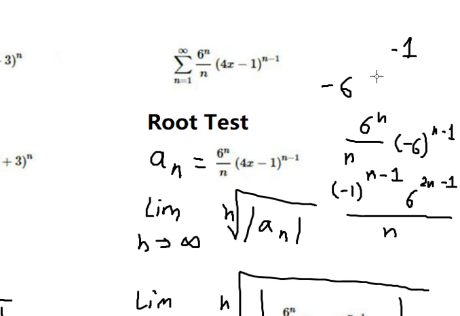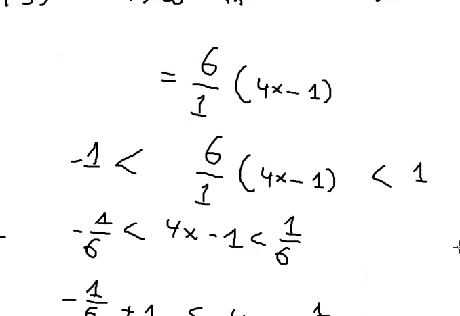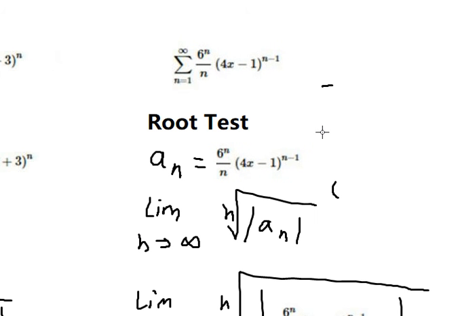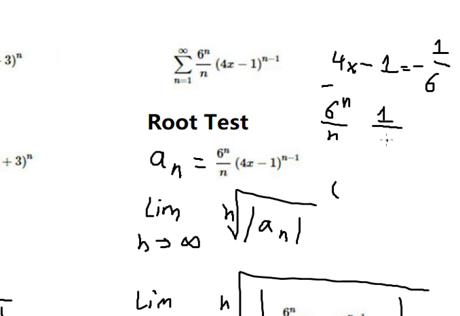Now let's go to this one. We have negative 1 over 6 in here. So we transform this into negative 1 over 6, and now we have 6 to the power of n over n, and we have 1 over 6 to the power of n minus 1.